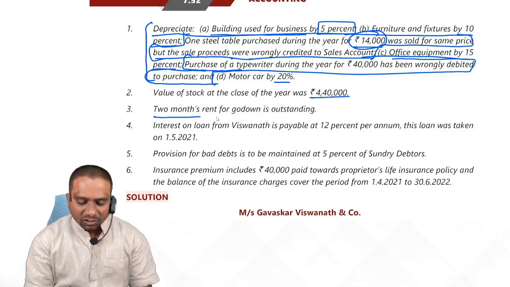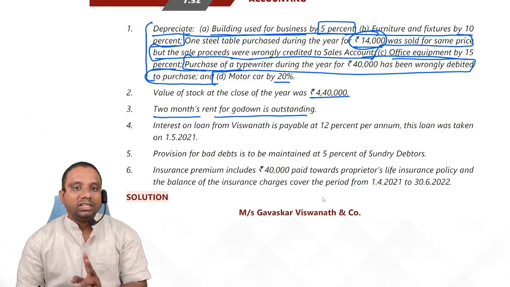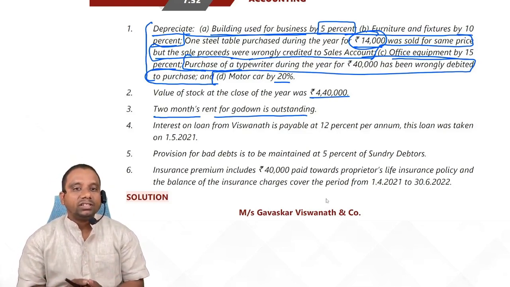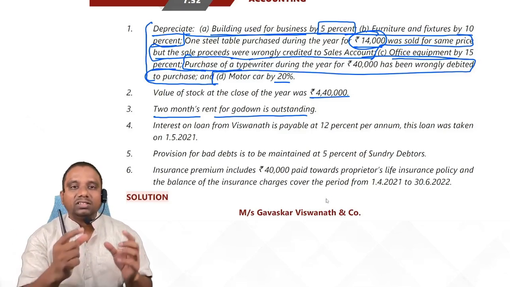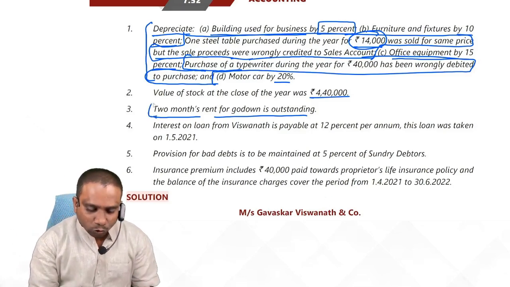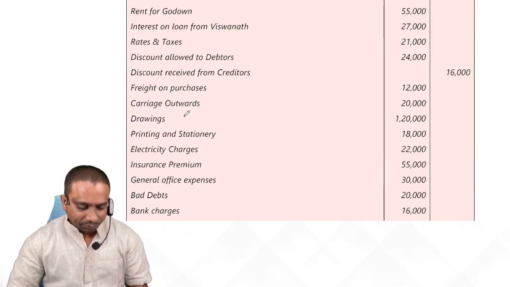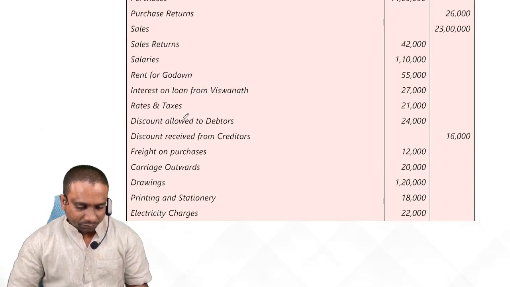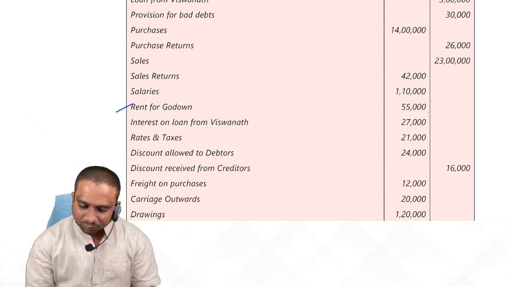Next, 2 months rent for godown is outstanding. Here they are simply saying 2 months rent. Yes, but how much is 2 months rent? For that you have to check the rent in the trial balance. Yeah, rent of godown 55,000.